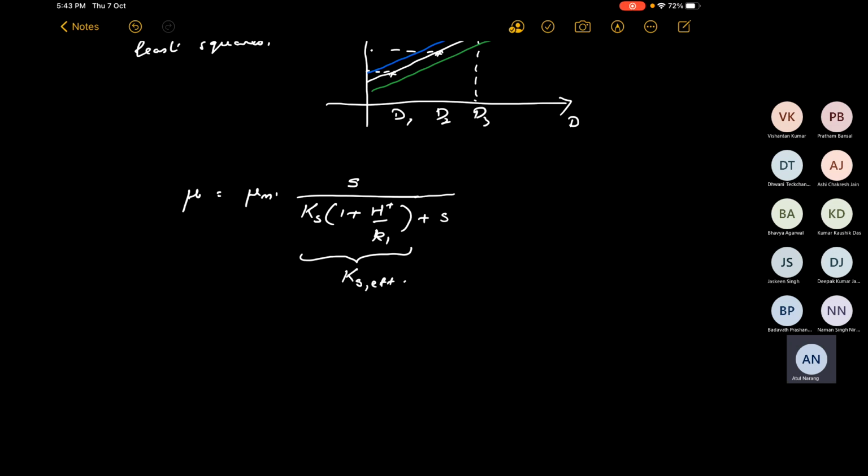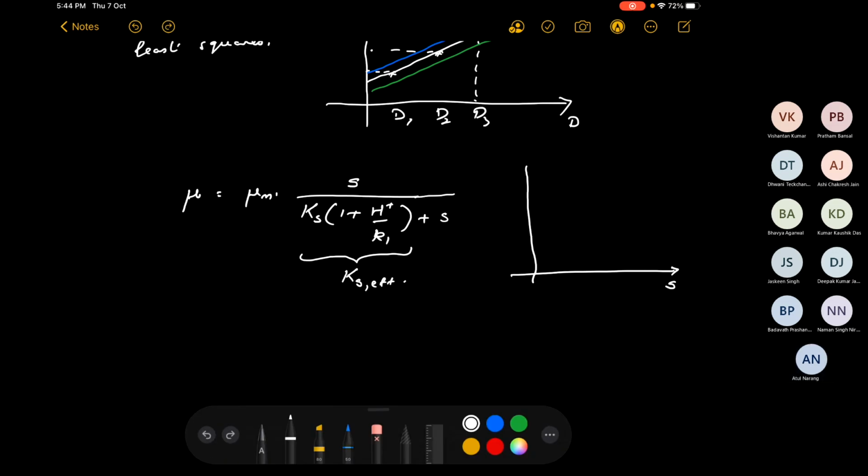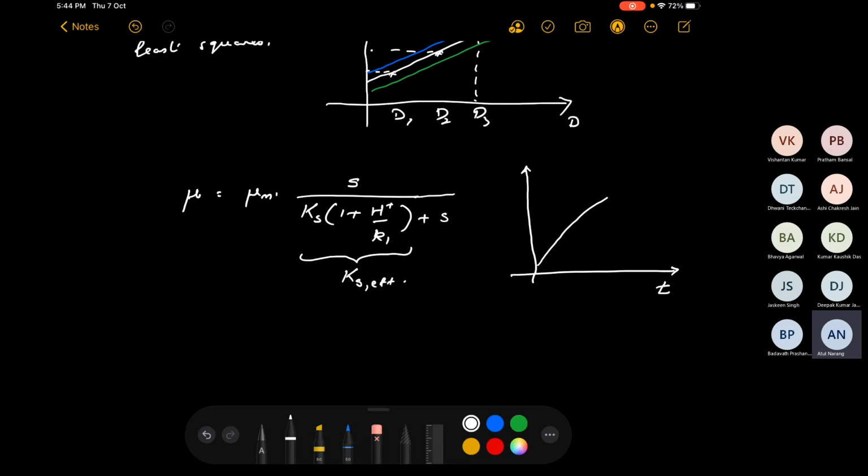So what he's saying is do the following. This is S, and this is time, and this is, let's say, log of X. Log of X will change continuously until it goes to the stationary phase.